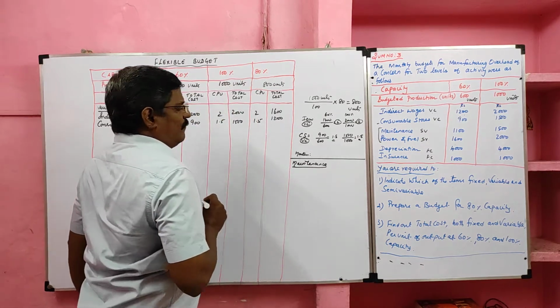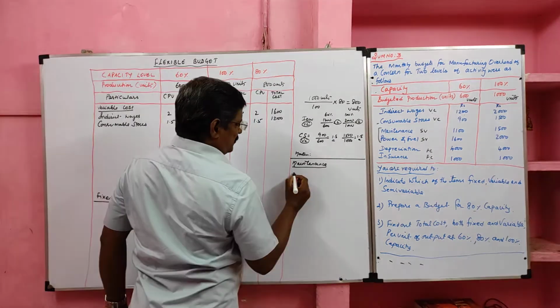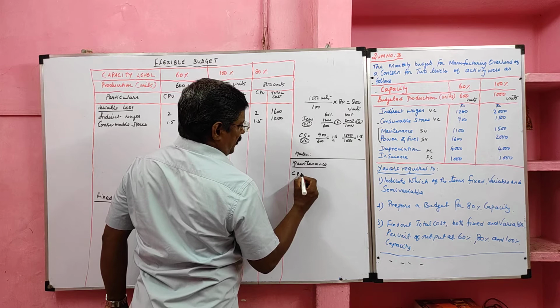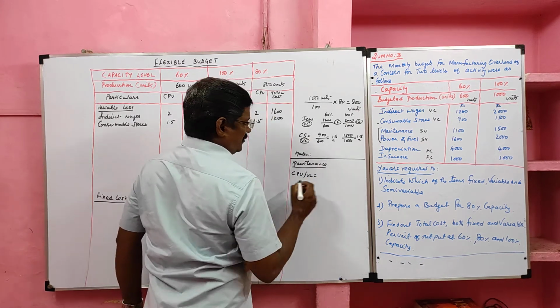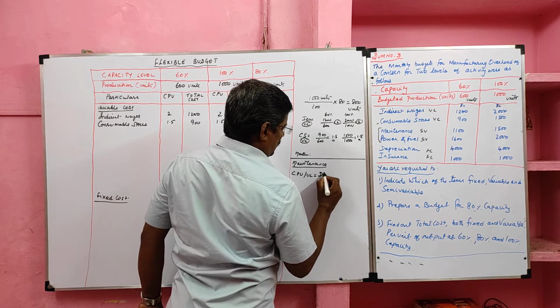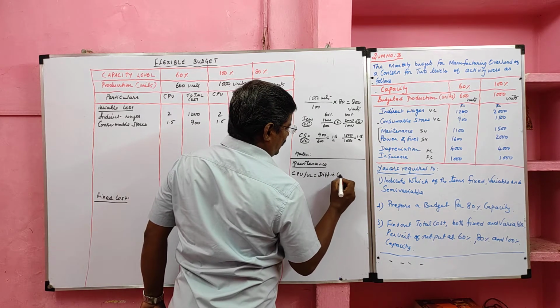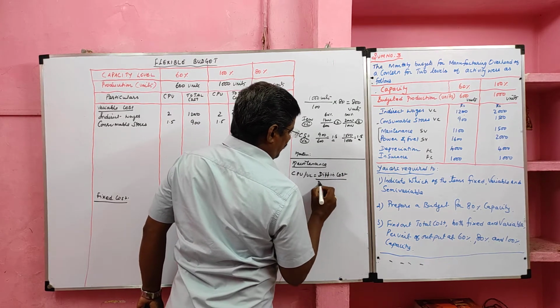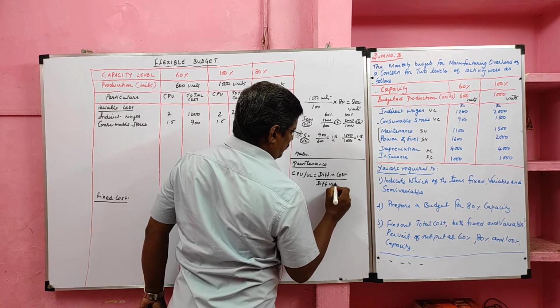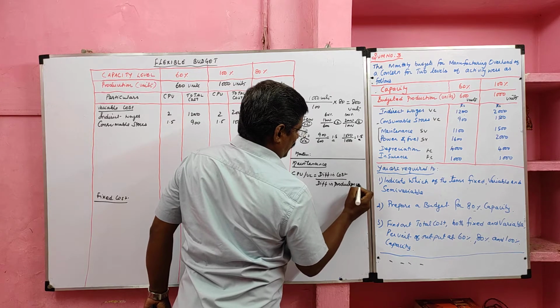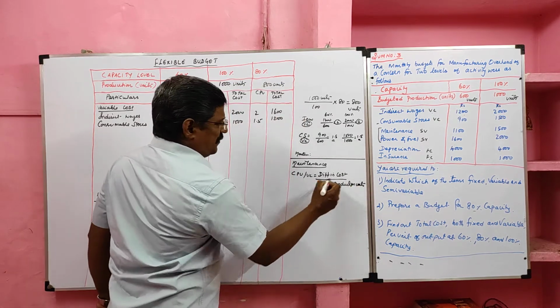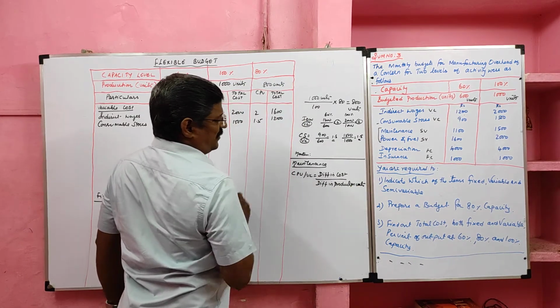For calculation of cost per unit of variable cost, the difference in cost divided by difference in production units. If we use this formula, we will get the cost per unit of variable cost.